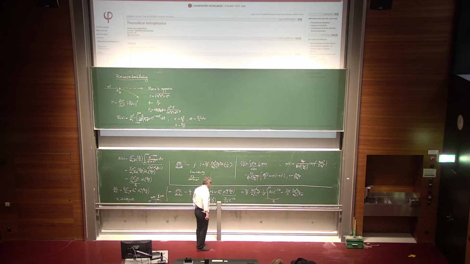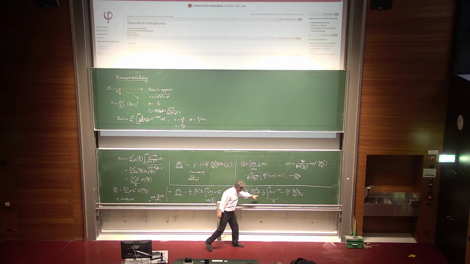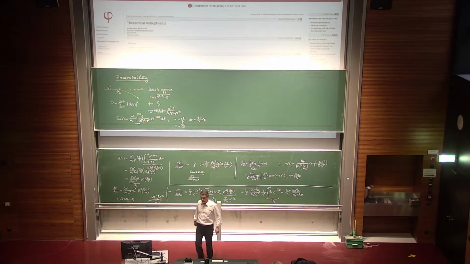First of all, you see that result here is scaling with 1 over v. So this would mean if we drove the velocity to 0, we would get infinite acceleration. But we have assumed Born's approximation, which means that the difference between the actual acceleration and the acceleration evaluated along the straight line is negligibly small.